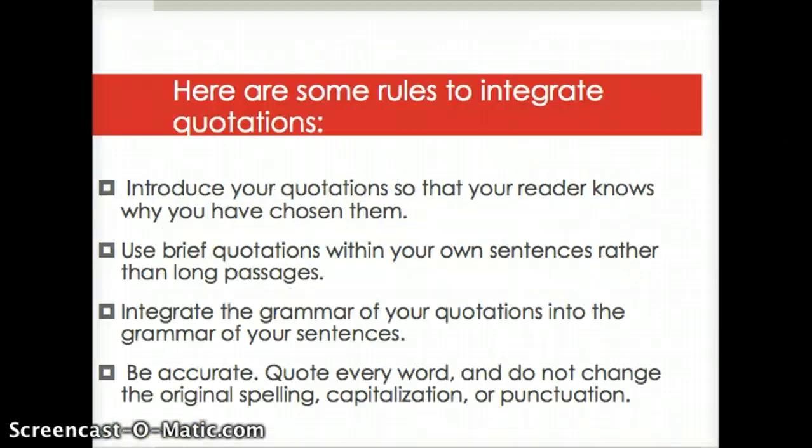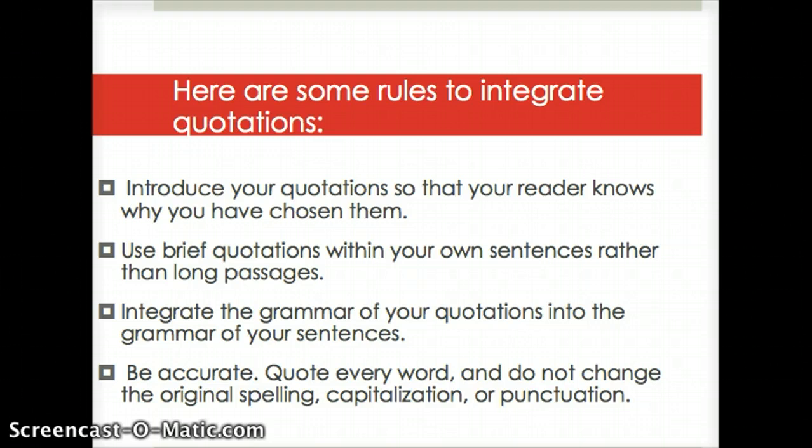When we are talking about essays, you do need to use quotations when writing your papers. There are some rules that you can use when integrating quotations. You're not just dropping or dumping your quotes in a paragraph, you are setting them up and explaining them.